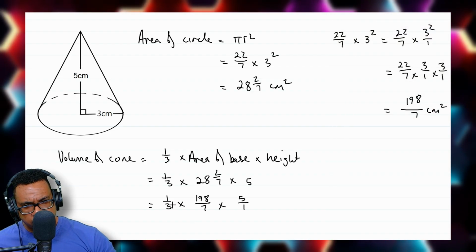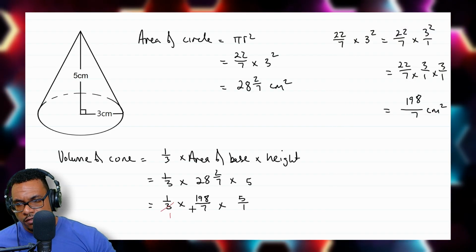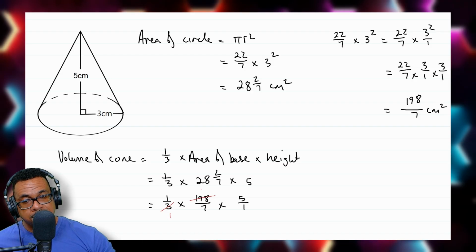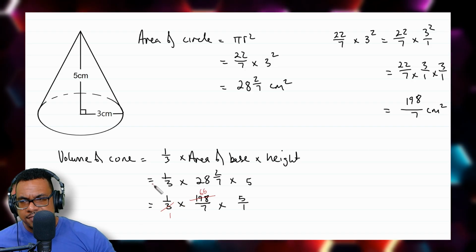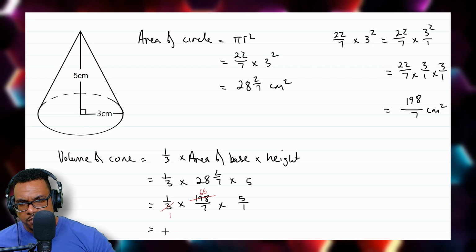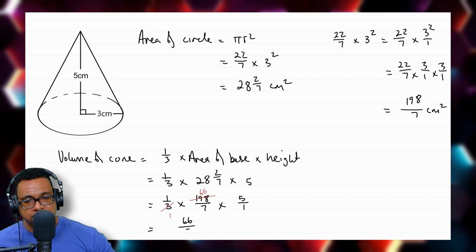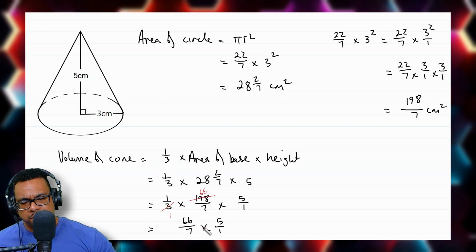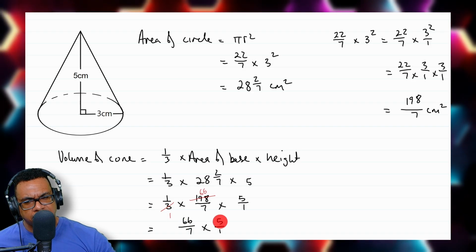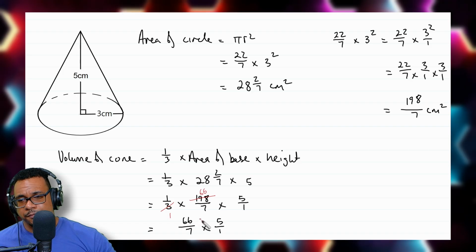So if I were to cancel, I put 3 into 3, 1, and 3 into 198, 66. And that's the only thing that will cancel. So now the question becomes 66 over 7 multiplied by 5 over 1, which is basically multiplying 66 by 5 and dividing by 7.